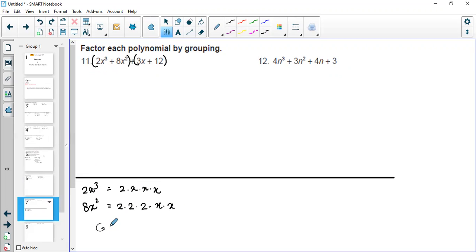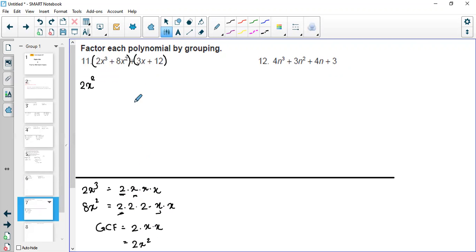So we are finding the common factors, which means it's going to be a pair of 2 and two pairs of x. Right here is a pair of 2 and then 2 x's, which means the GCF is 2x squared for this particular binomial. So I write 2x squared here.